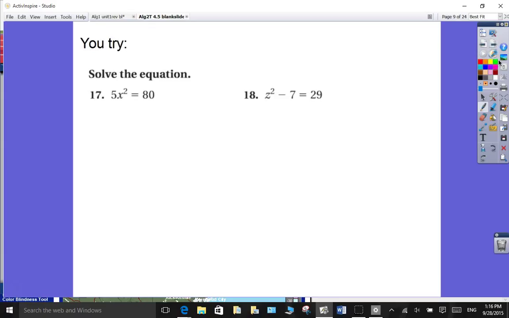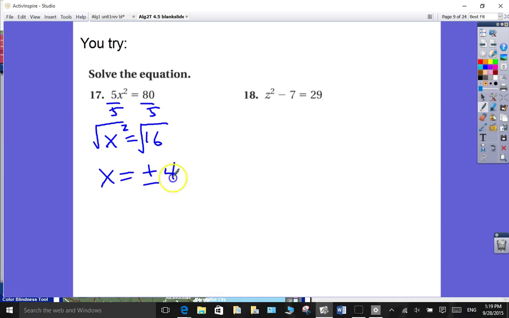So go ahead and try to solve those two. Okay, so what do you do on the first one to isolate the squared term? Divide by 5. X squared equals 16. Take the square root of both sides. X equals plus or minus 4.